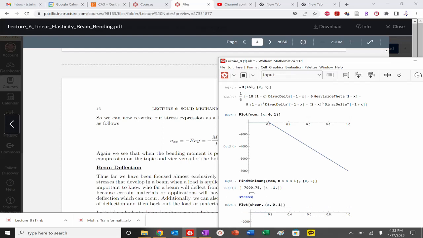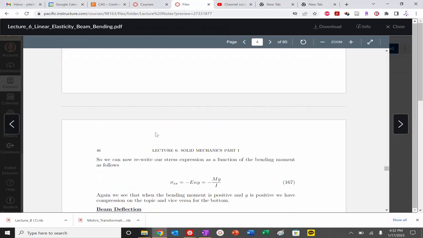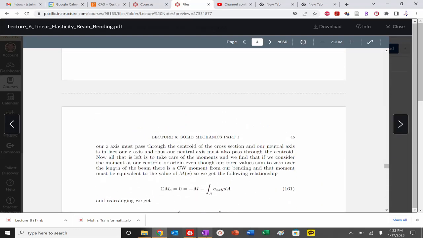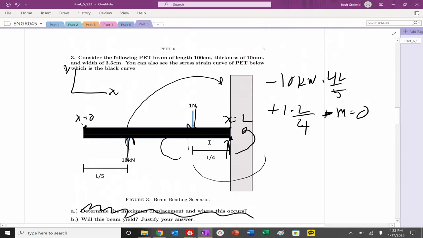So that's our moment. So stress is equal to minus our moment times h divided by 2, half the thickness, all divided by I. So that is our stress. Now our stress is positive. Does that make sense?